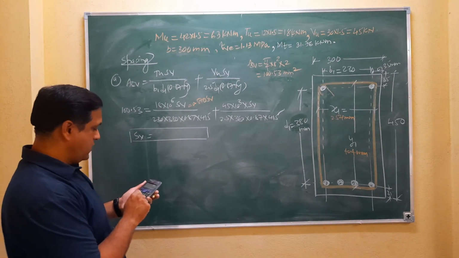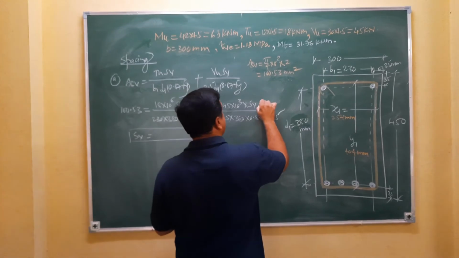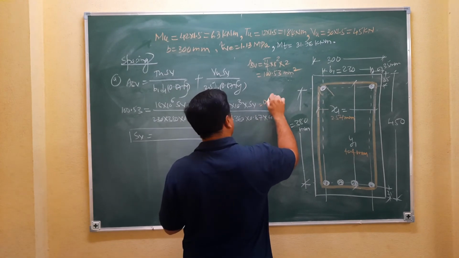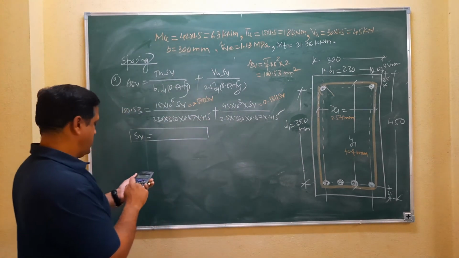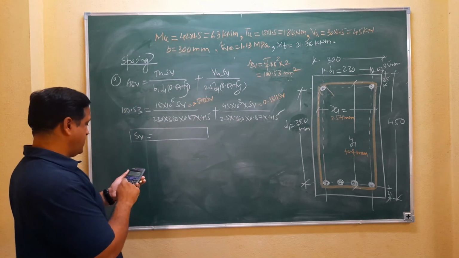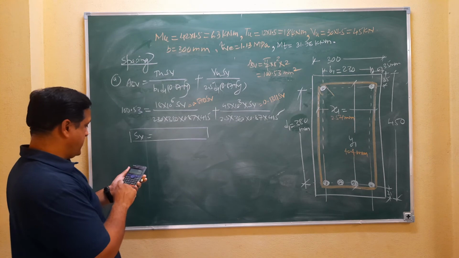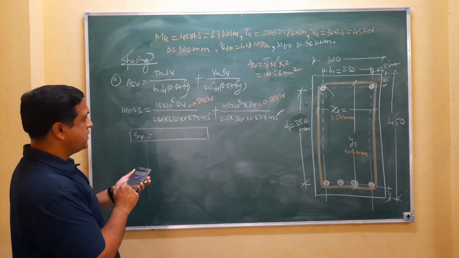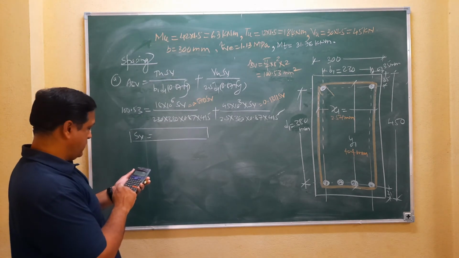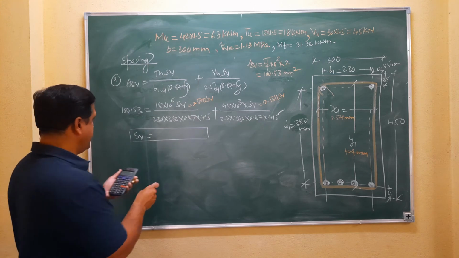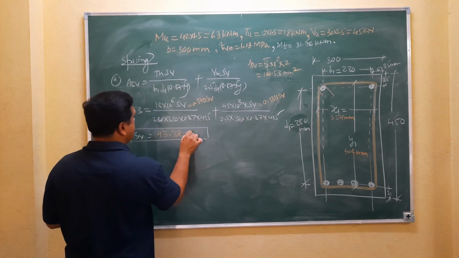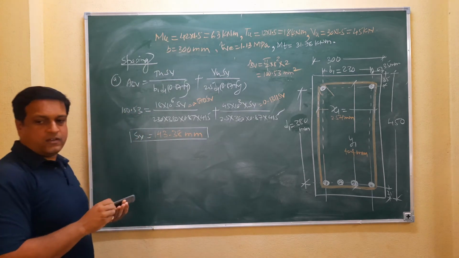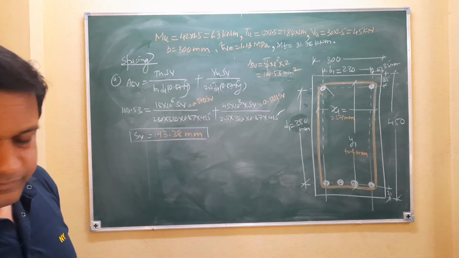This particular value is 0.1311 Sv. Now 100.53 divided by 0.570 plus 0.1311, the spacing is 143.38 mm using this first formula.